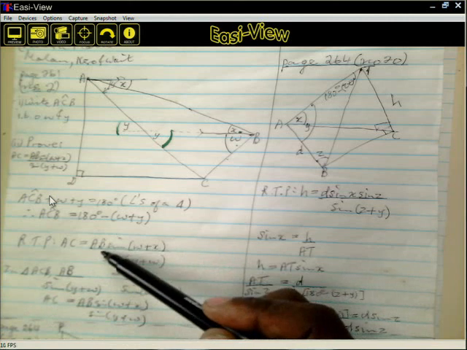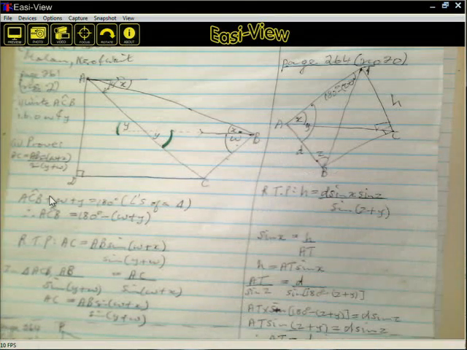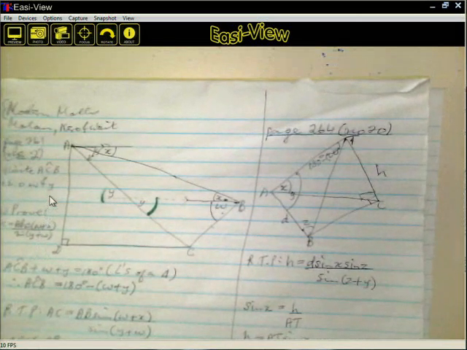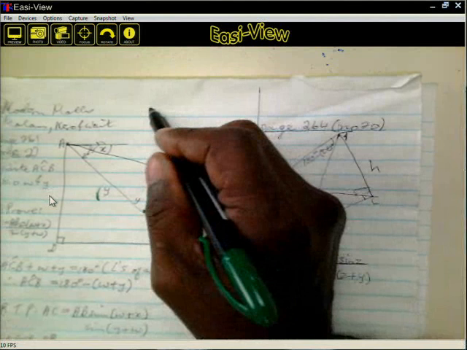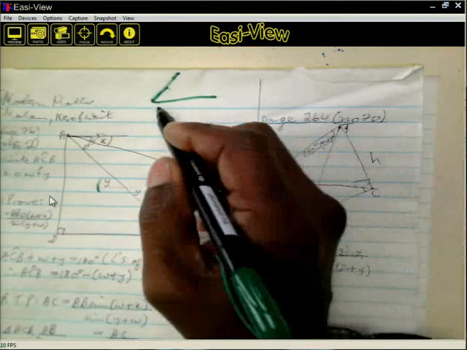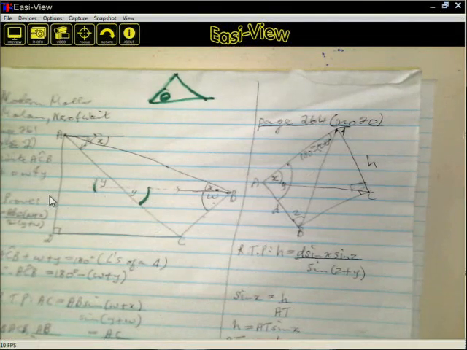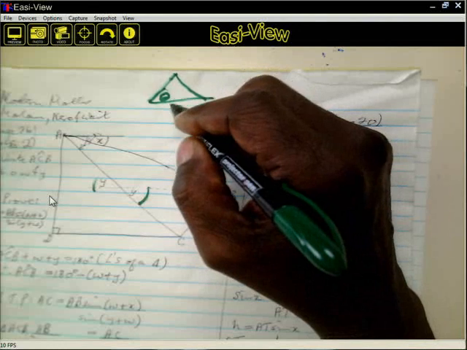So it's AB over. Now, let's clarify one thing about opposite. What do you mean when we say a side is opposite another? If this angle is theta here, the easier way of remembering which side is opposite to theta is that the angle is made up of this arm and that arm.